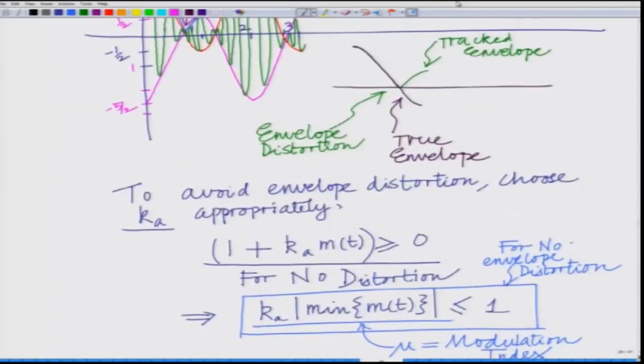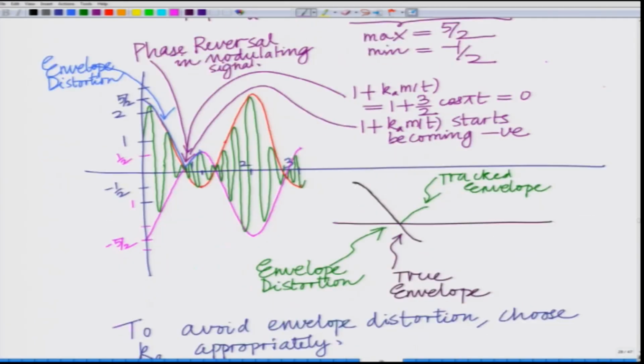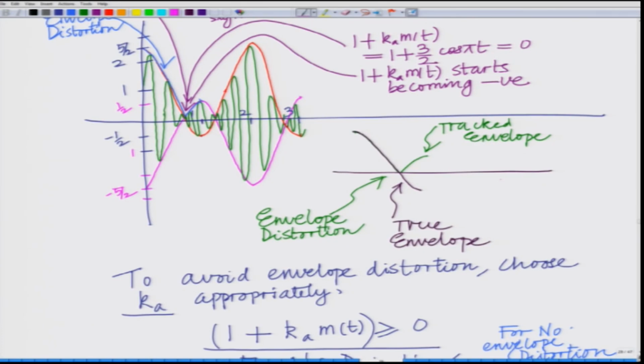However, if you look at the second example, we have Ka equals 3 by 2. Ka times the magnitude of the minimum of mt equals 3 by 2 into 1 equals 3 by 2.